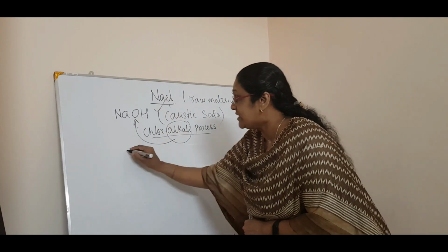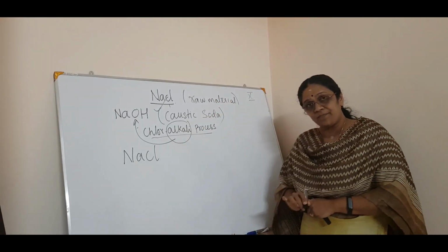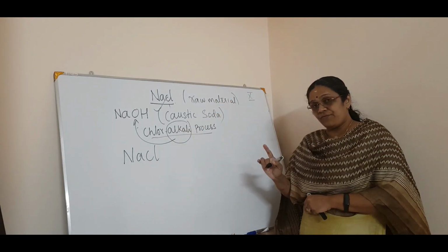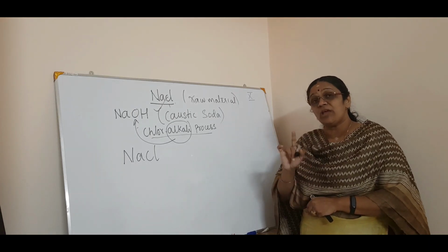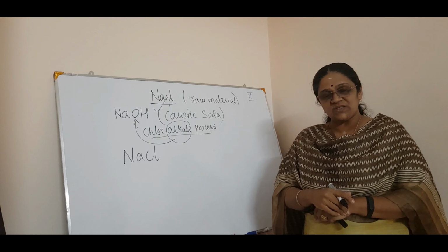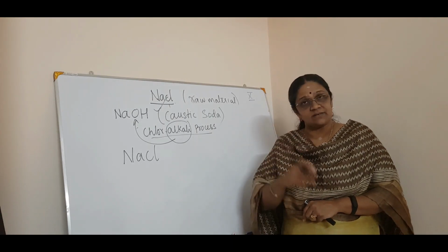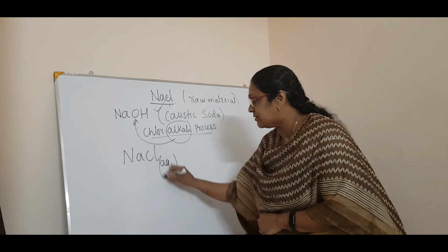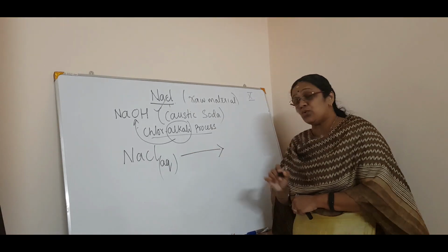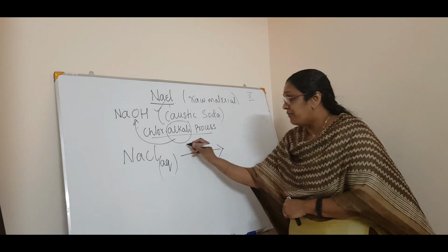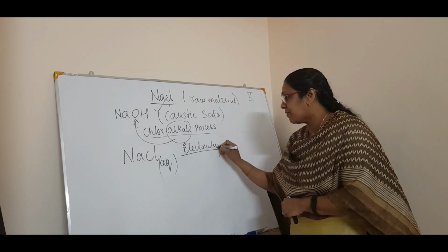See, one of our raw materials is sodium chloride. Correct? Now, what do you mean by aqueous solution? Aqueous solution means sodium chloride in water. Am I right? When electricity is passed through an aqueous solution of sodium chloride, what happens?